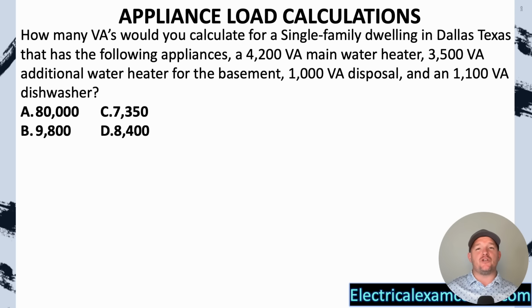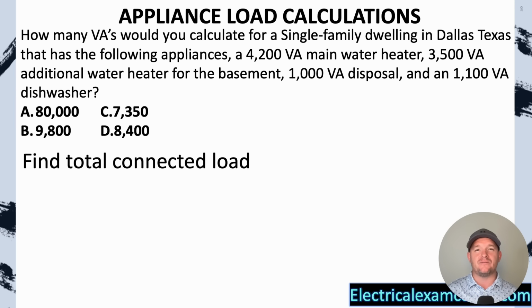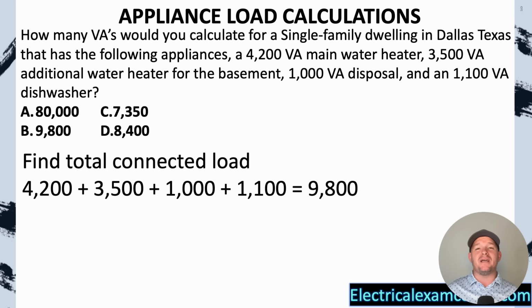How many VAs would you calculate for a single-family dwelling in Dallas, Texas that has the following appliances? A 4,200 VA main water heater, 3,500 VA additional water heater for the basement, 1,000 VA disposal, and an 1,100 VA dishwasher. Step 1, we're going to find our total connected load. When we total them all up, it equals 9,800.